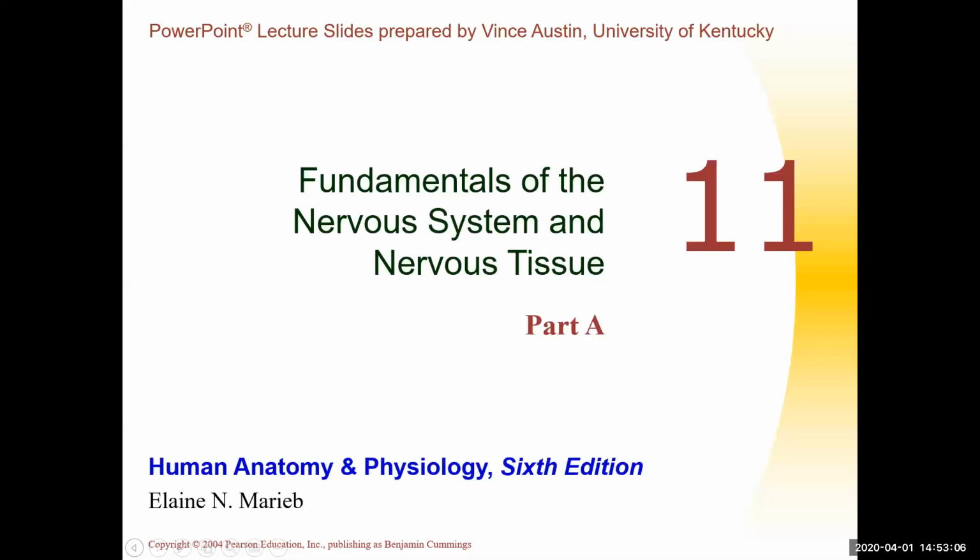Okay, you guys, I'm going over chapter 11. The concept of action potential is the main thing, but in general, we'll be talking about the neurophysiology and the nervous tissues. Let's go over the overall outline and organization.